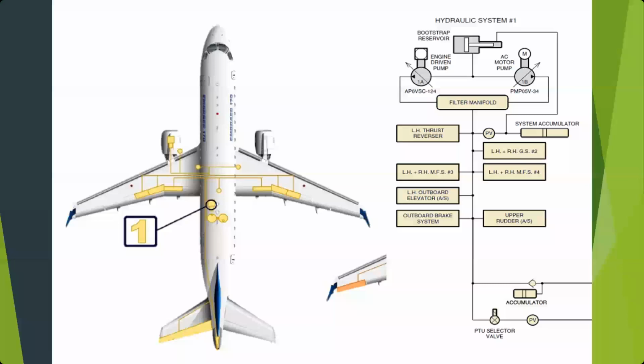And along the way, it may encounter things known as accumulators. You'll have heat exchangers to cool the fluid, different control valves, which operate actuators and motors. And then as the fluid either goes out or comes back from the system, you're going to have various filters in order to keep the fluid clean.